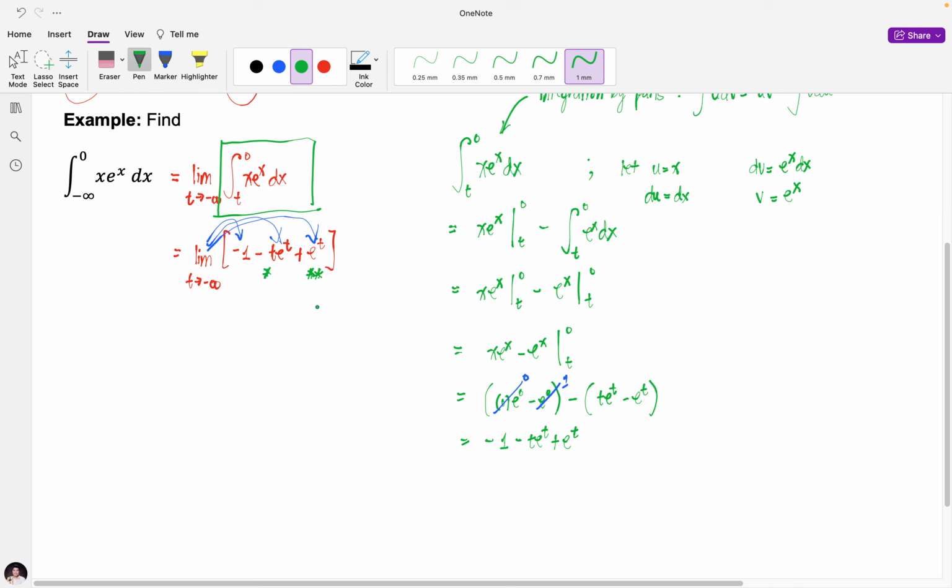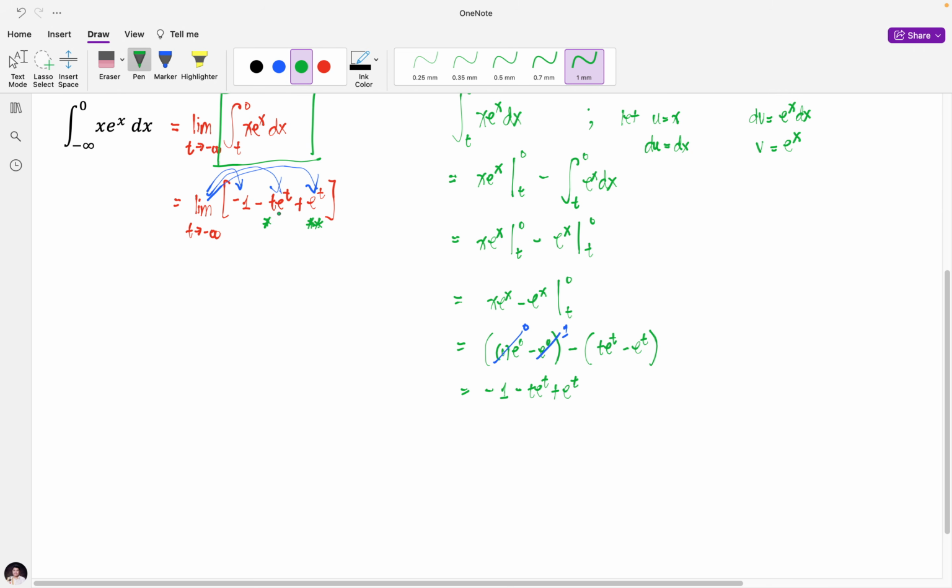Okay? So, solving for the limit of the second term, that is just the limit of t times e raised to t as t approaches negative infinity. Okay, so if we will try to substitute directly, that will become negative infinity times e raised to negative infinity, right?